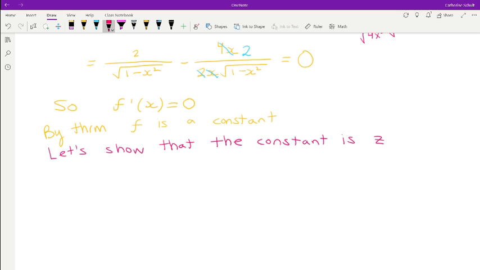We can do that by plugging in any value for x. If it's constant the whole way, we can choose any x value and it's going to go to that constant.